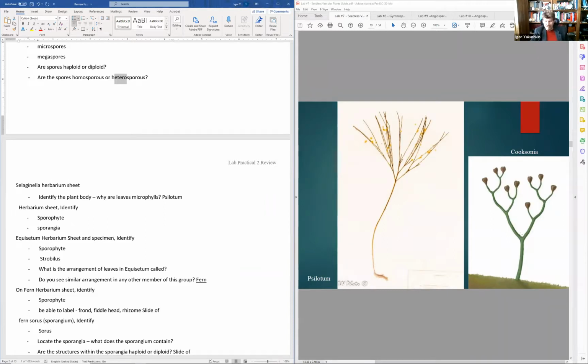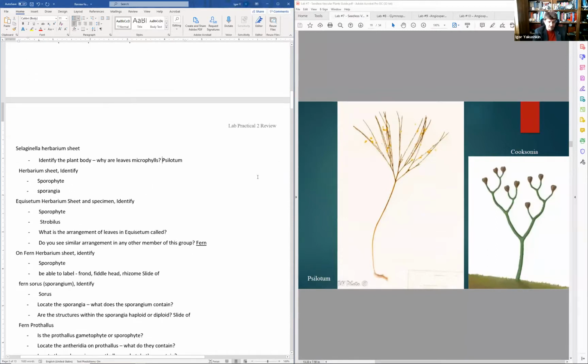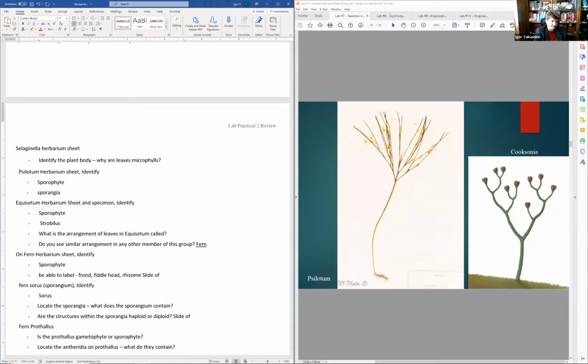Same kind of idea, stem splitting up and no leaves yet, and on the top it has this sporangia, so yellow dots are sporangium.